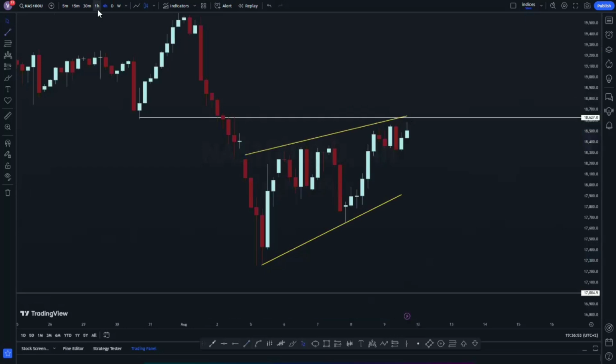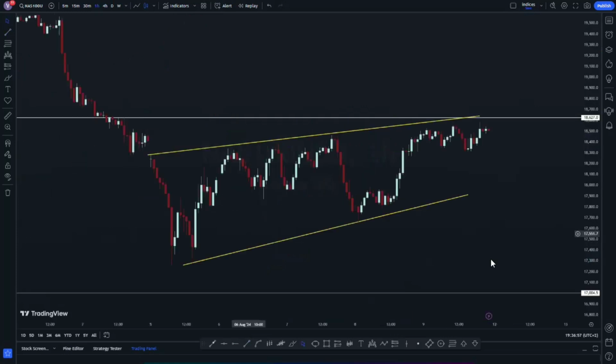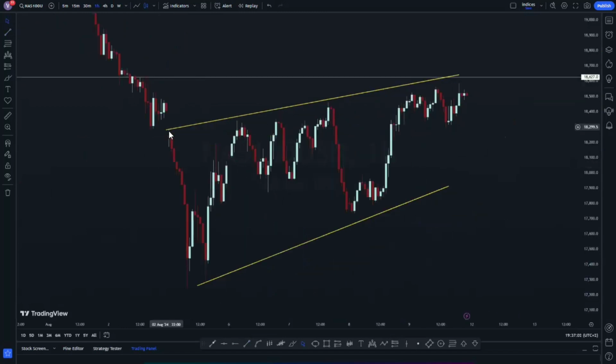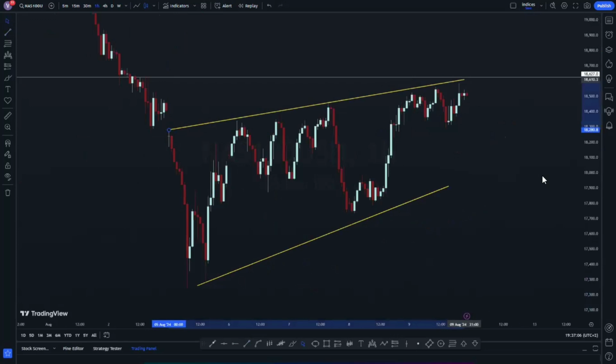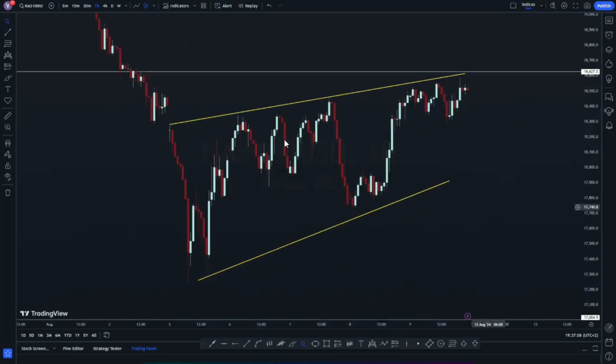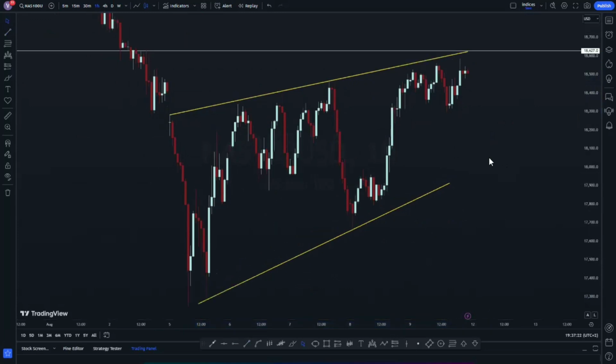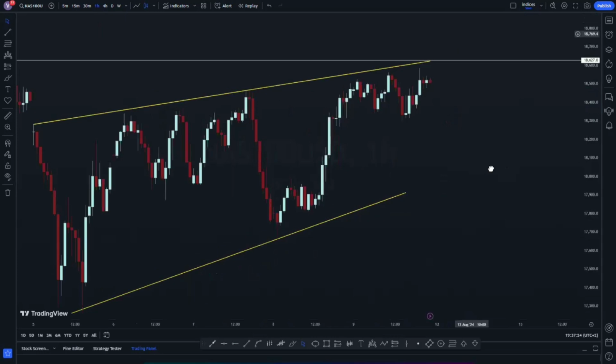Then let's go to 1-hour time frame. Let's fix our analysis. Then you can see on this trend line that we have this first touch here, second touch here. We're expecting a third touch. Also, we're expecting a retest or a test of that low on this horizontal ray here.